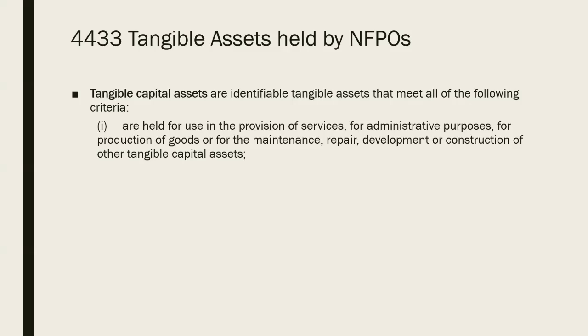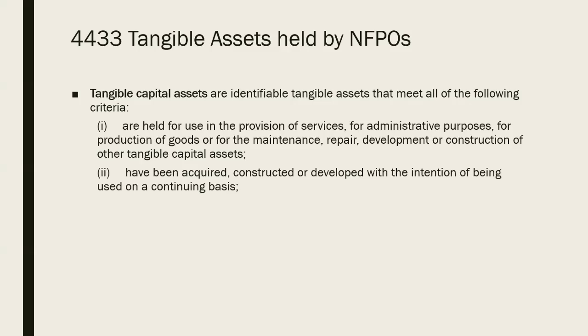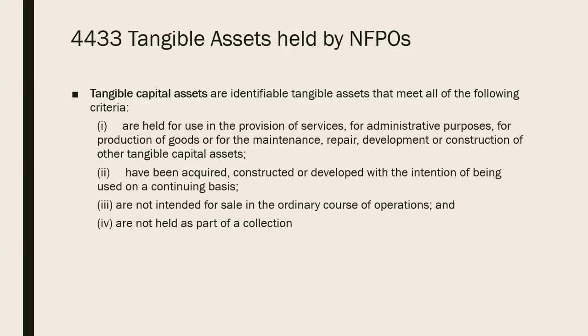Now, this definition is pretty similar to the definition for property, plant, and equipment for a regular for-profit organization. They've been acquired, constructed, or developed with the intention of being used on a continuing basis. They are not intended for sale in the ordinary course of operations, because that would make it inventory. And they are not held as a part of a collection.